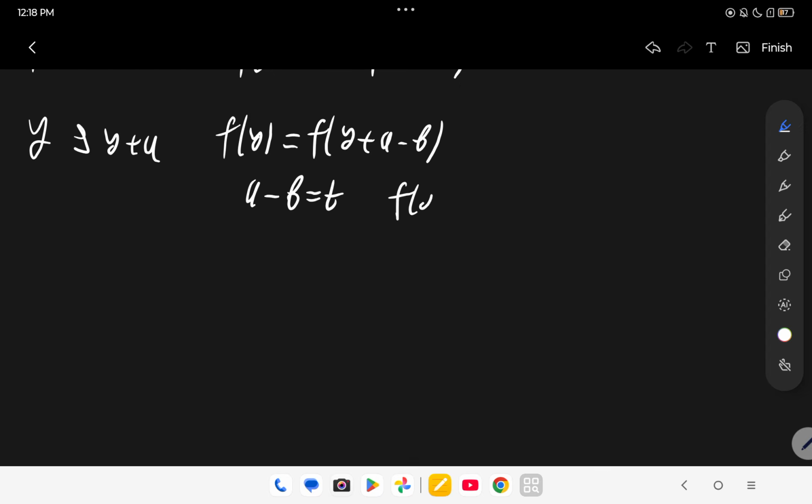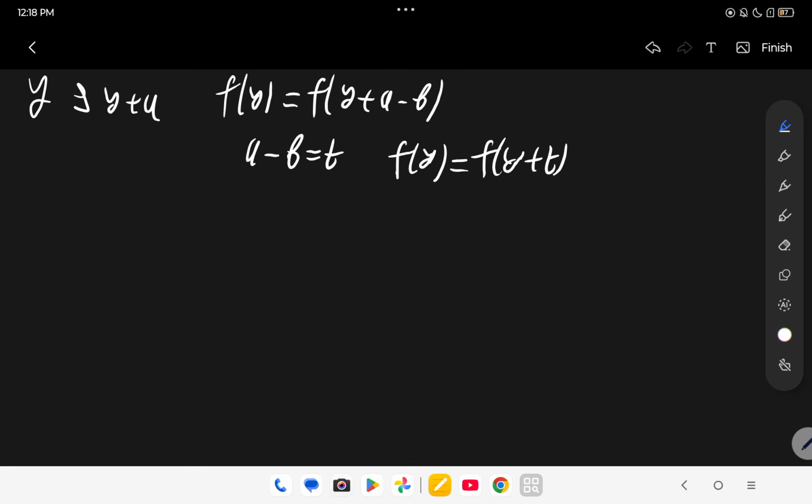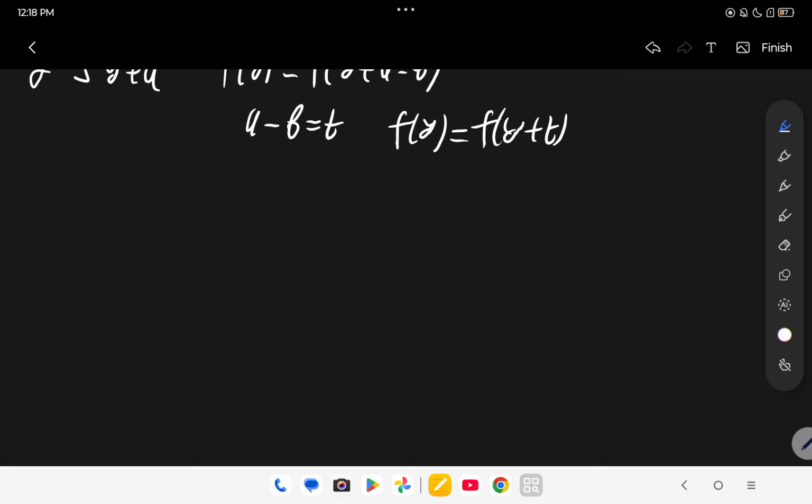So we get f(y) equals f(y plus t). Now we can see that this function has a period. So we can continue this infinitely. So we get f(y) equals f(y plus nt) for every integer. Actually, it does not need to be a positive integer.